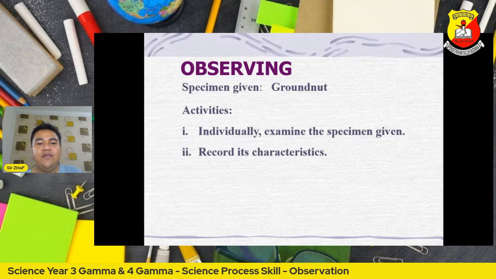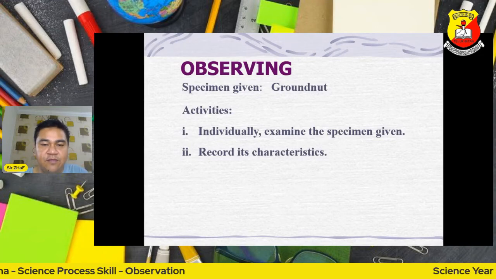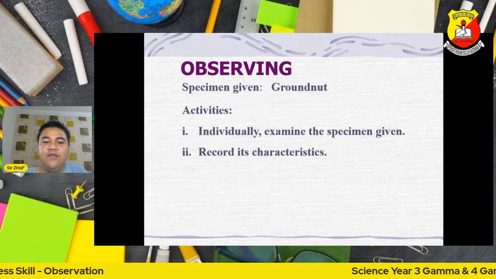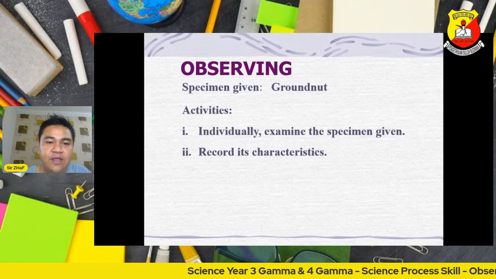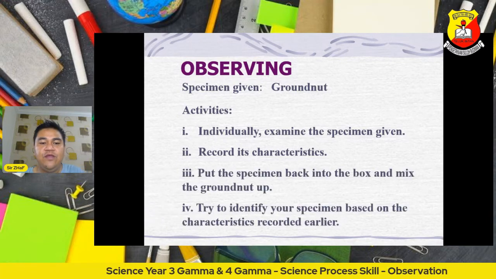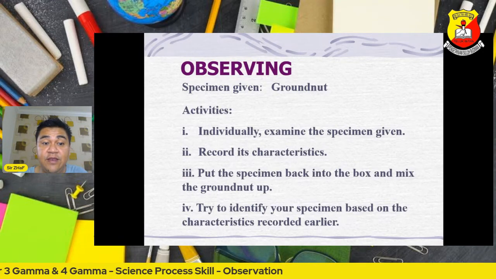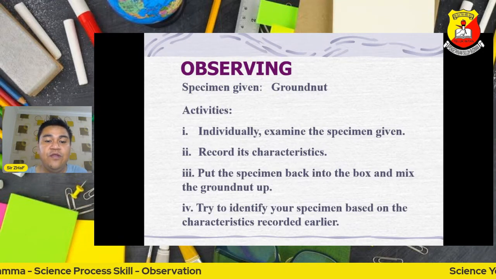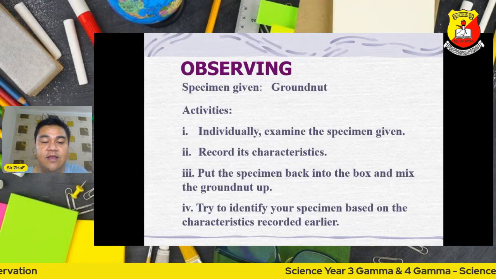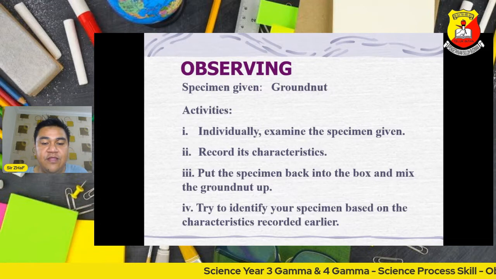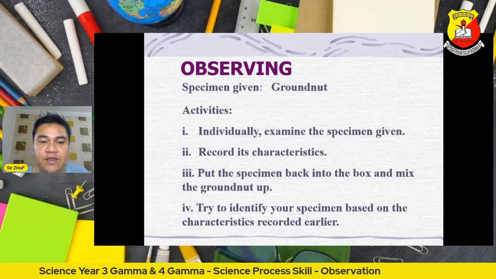The activity is done individually. Examine the specimen given and record its characteristics. So what you need to do is record the characteristics of that groundnut. Then put the specimen back into the box and mix the groundnuts up. Try to identify your specimen based on the characteristics recorded earlier.